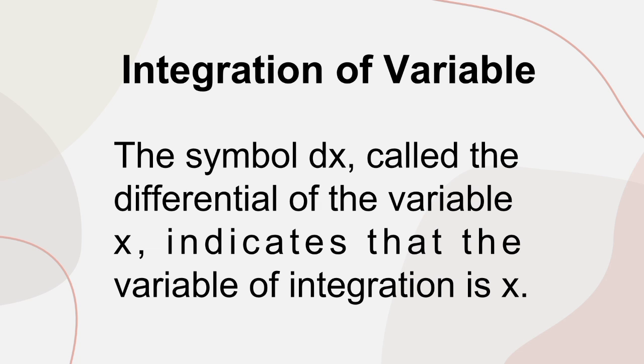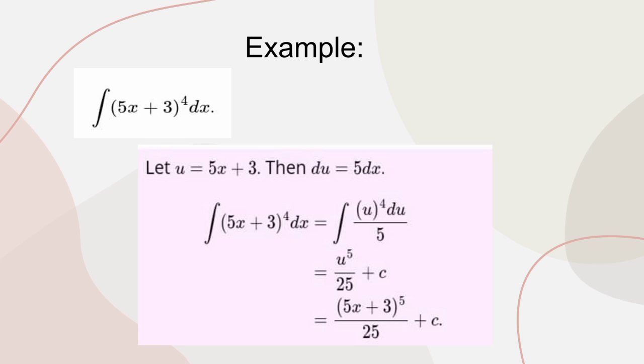So now, for example, the integral of (5x plus 3) raised to 4 dx. So, let u is equal to 5x plus 3. Then du is equal to 5 dx. So, the integral of (5x plus 3) raised to 4 dx is equal to the integral of u raised to 4, since we need to substitute 5x plus 3 into u.